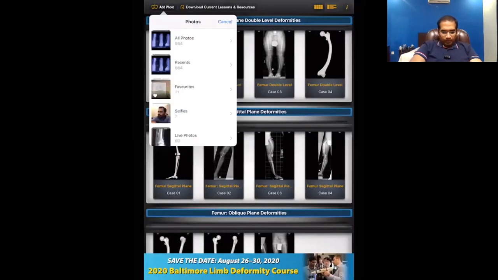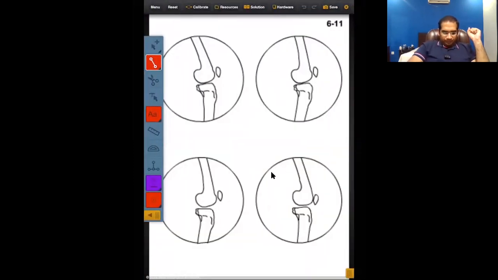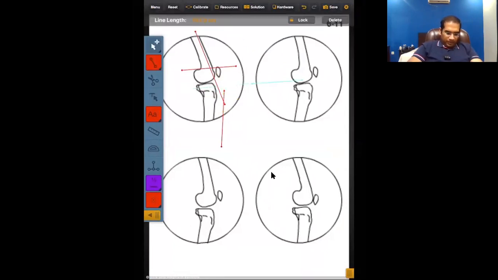Yes. Okay, so now let me show you a few scenarios. Let us first simply check whether there is a flexion contracture or not.